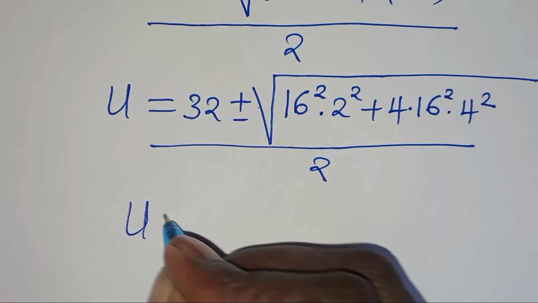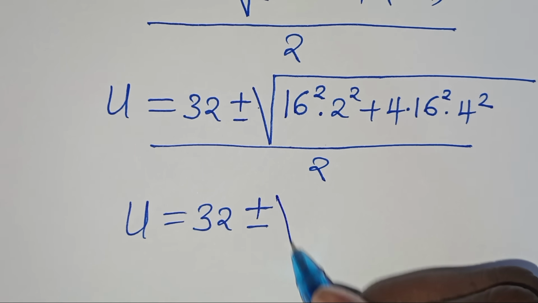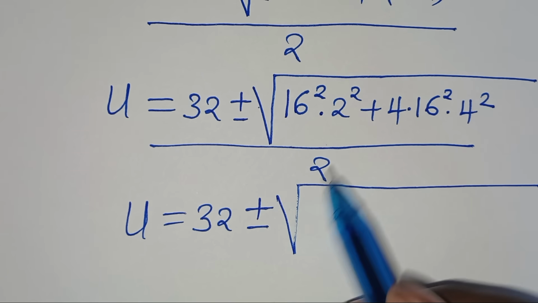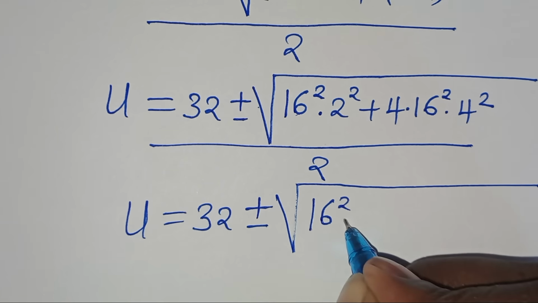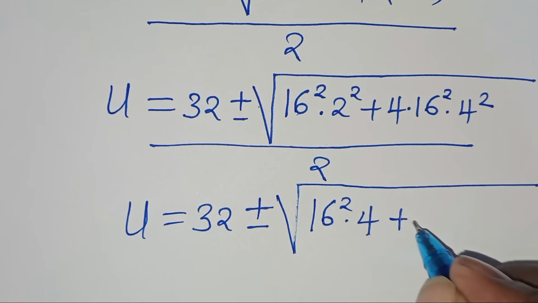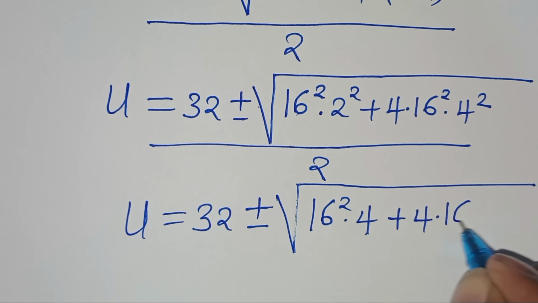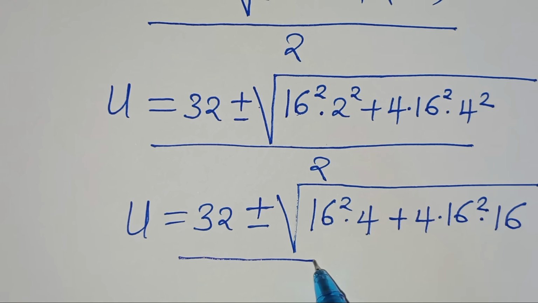So u is equal to 32 plus or minus the square root of 16 to the power of 2 times 2 squared, this is 4, then plus 4 multiplied by 16 to the power of 2 multiplied by 4 squared, which is 16, then divided by 2.